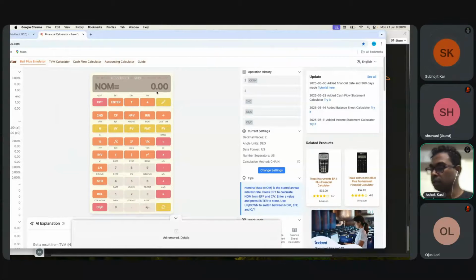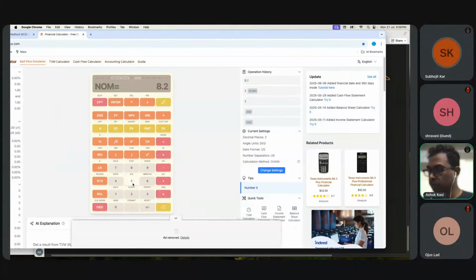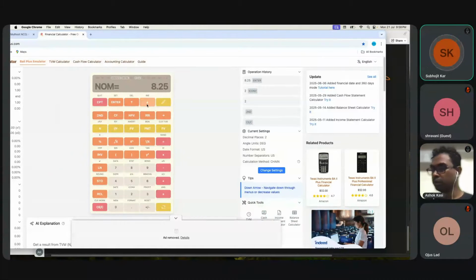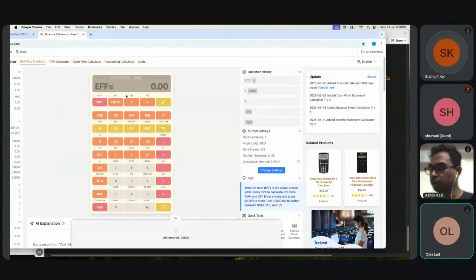So Nominal is 8.25. Only 8.25, don't type percentage. The system knows that it is percentage, and then enter. Downward arrow. Effective yield is what we have to calculate. Again, downward arrow.